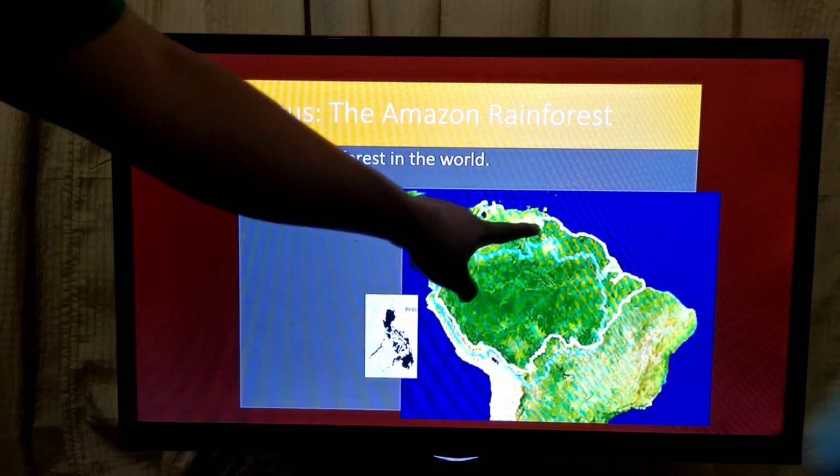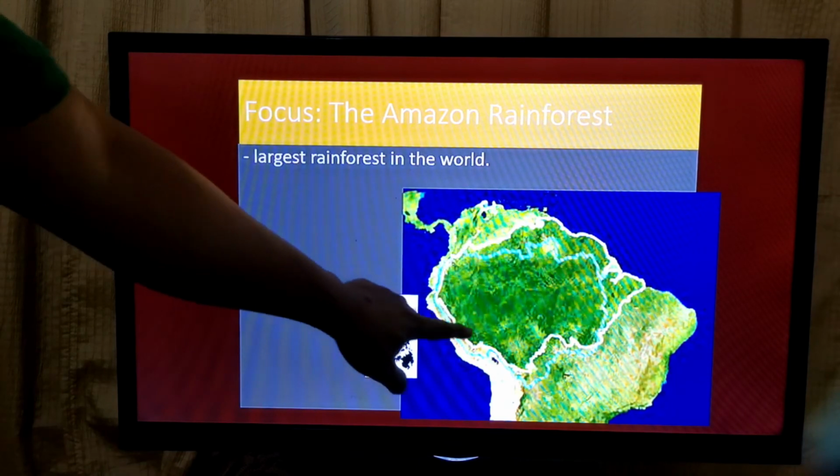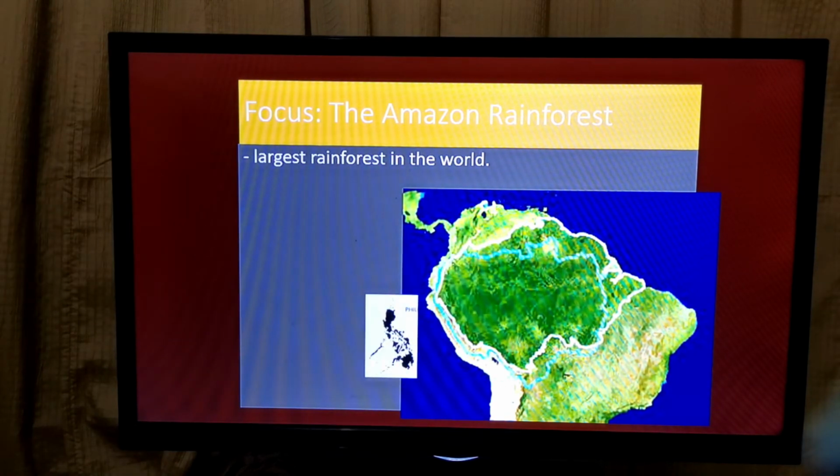This area that is colored green. How many Philippines can fit inside? Amazing, more than 5 probably. So if you can imagine the Philippines, all the land here that you see covered with forest, your subdivision, your town, the whole island of Luzon.